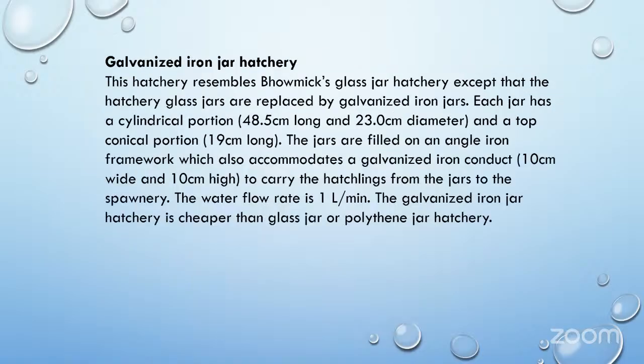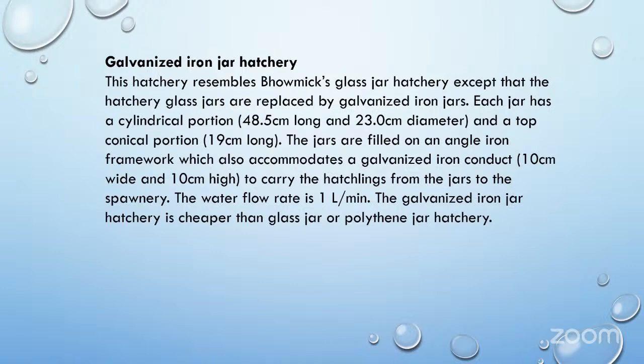Next is galvanized iron jar hatchery. This hatchery resembles Boumik's glass jar hatchery, except that the glass jars are replaced by galvanized iron jars. Each jar has a cylindrical portion that is 48.5 centimeters long and 23 centimeters in diameter, and a top conical portion that is 19 centimeters long.